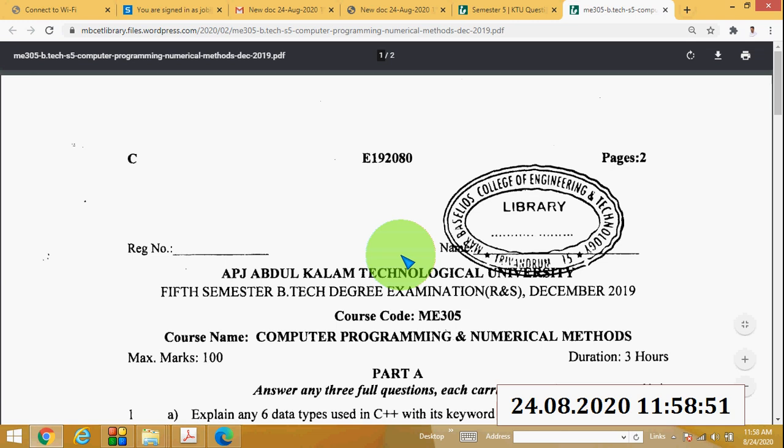You have to solve all these problems in your notebook, then take images of your notes and submit them to me as a PDF document. When you write the solutions to questions from previous question papers, you have to write the year also.